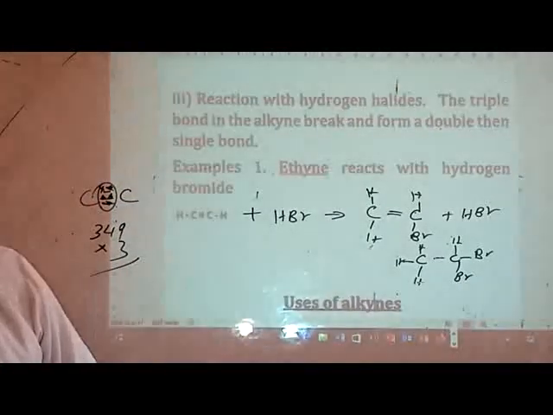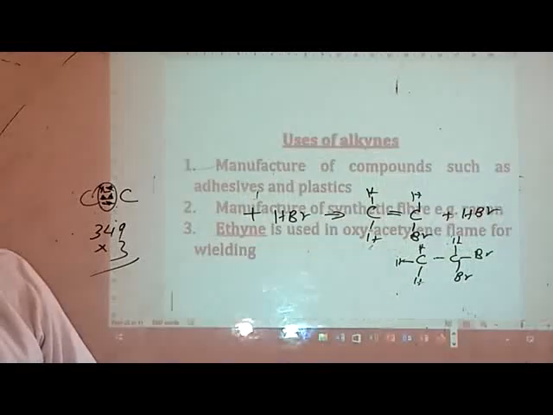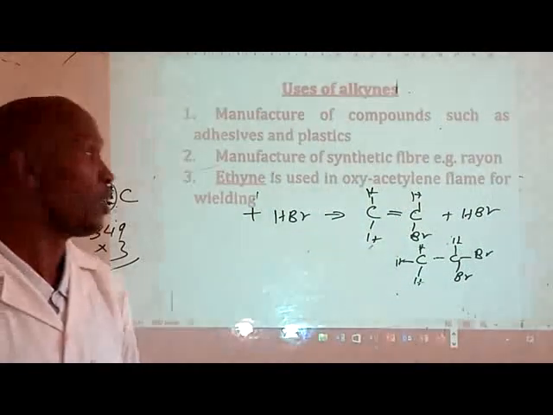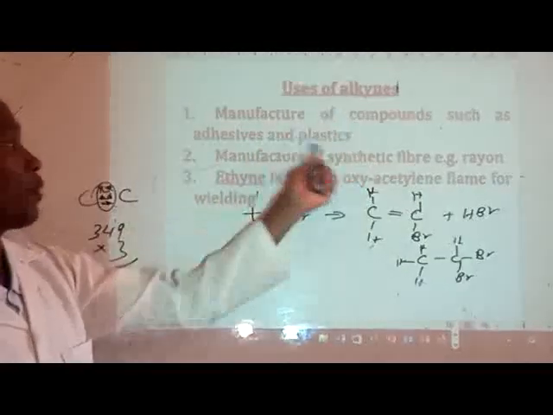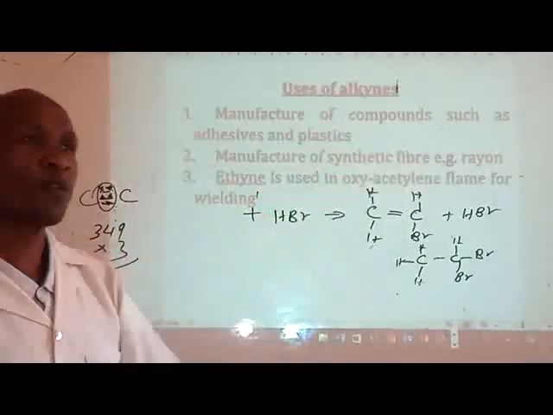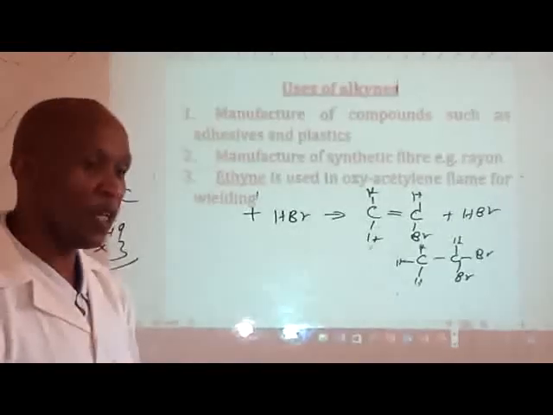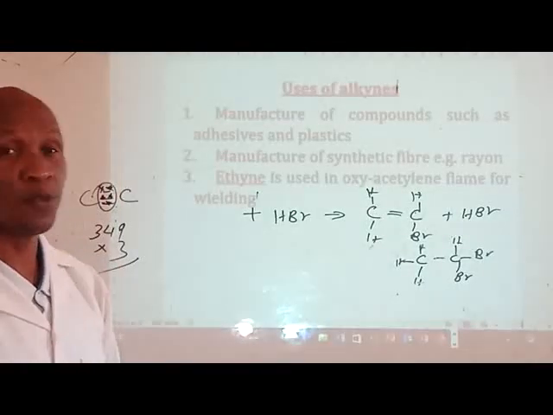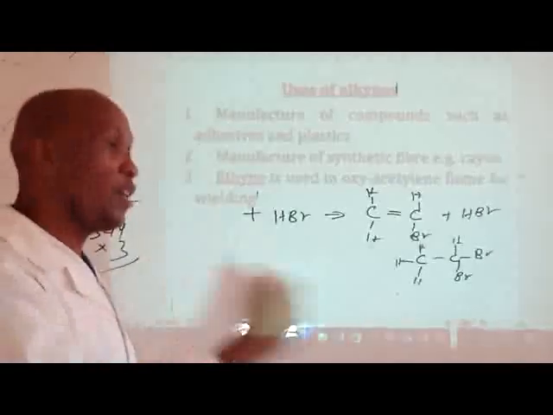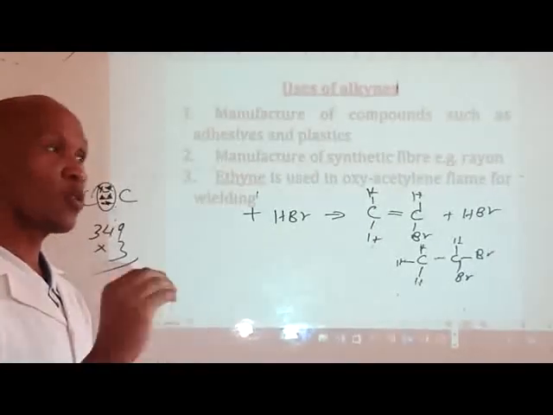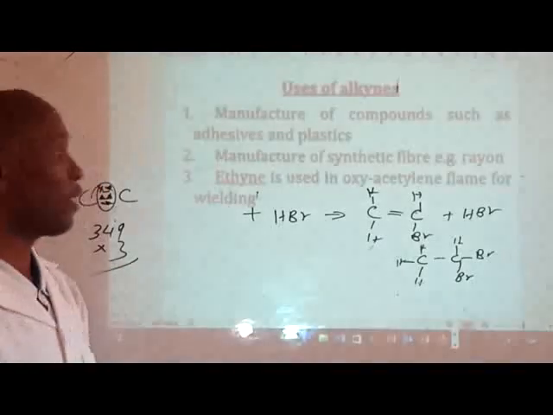We wind up this by just looking at the uses of alkynes, the manufacture of adhesives and plastics. If you want to prepare chloroethene, maybe the first thing that you will have to do is react ethyne with hydrogen chloride. Then you get chloroethene, then you can polymerize that.